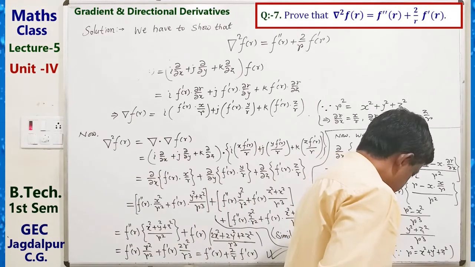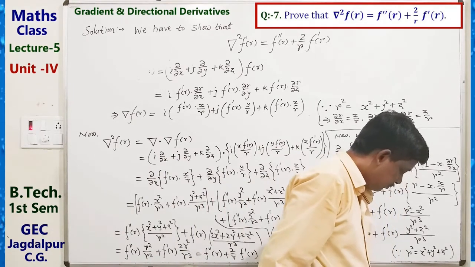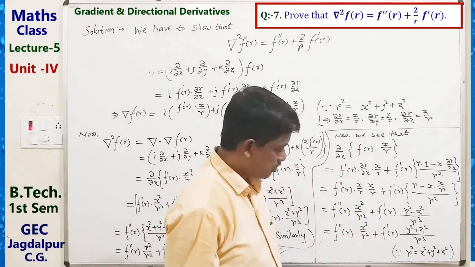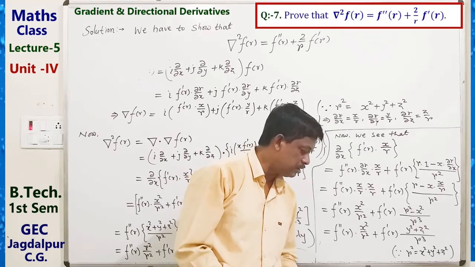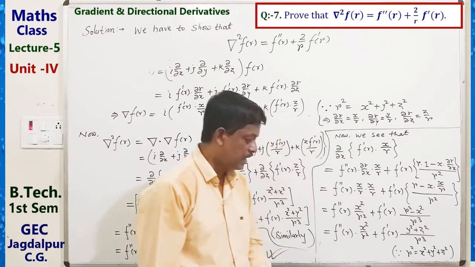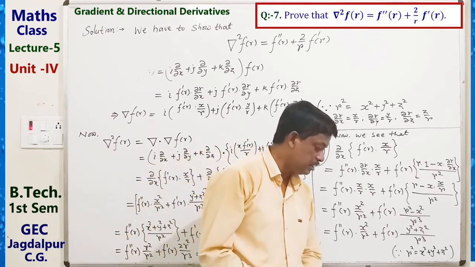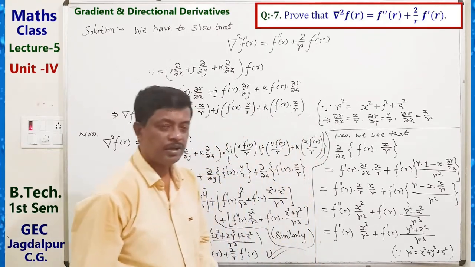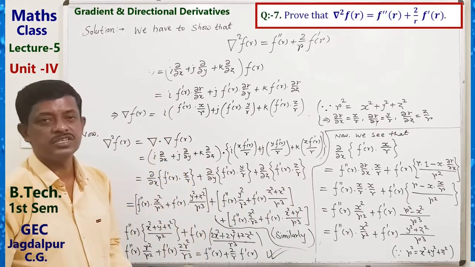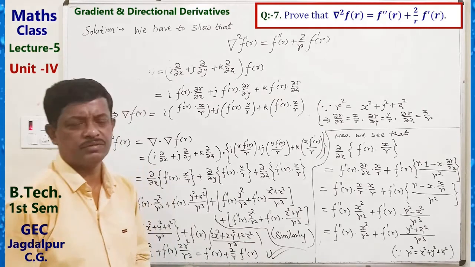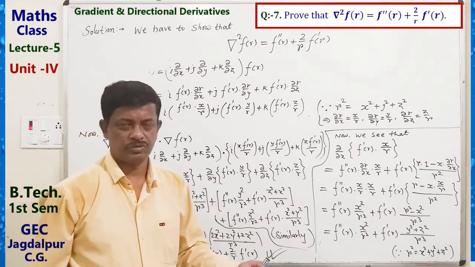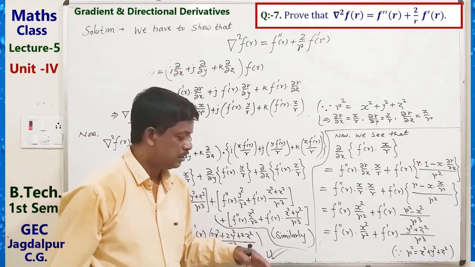Now one more question. For the function phi of x y equal to x by x square plus y square, find the magnitude of the directional derivative along a line making an angle 30 degrees with the positive x-axis at (0, 2). So here we have to find the directional derivative at (0, 2) on the surface.